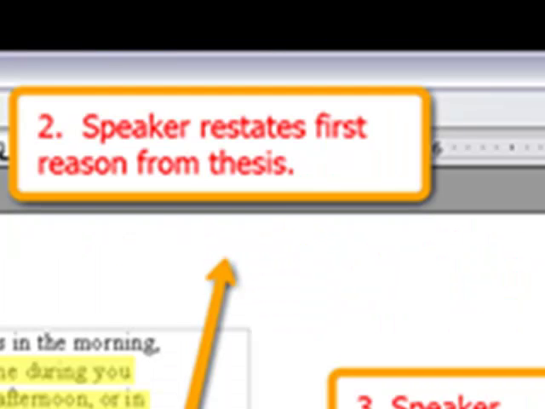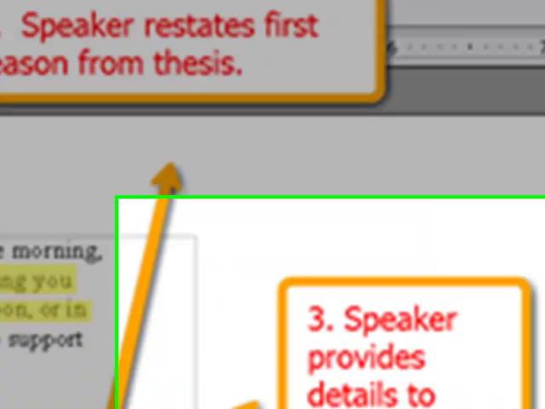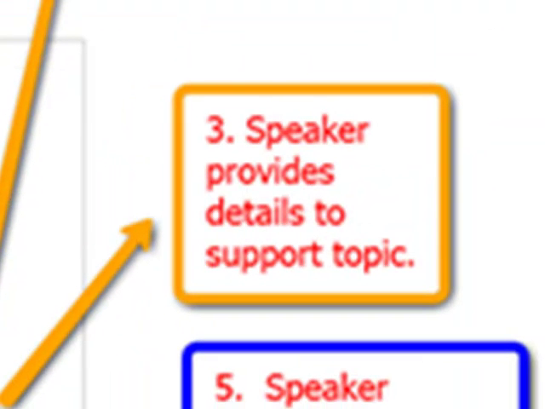Number 2, the speaker restates first reason from thesis. Notice here it says first, I have a job which requires me to work Monday through Friday from 11 to 4 p.m. So you notice in the beginning it says my work schedule, so work and job are similar.